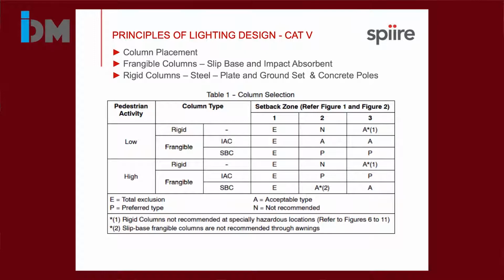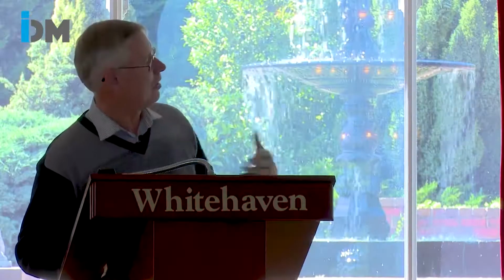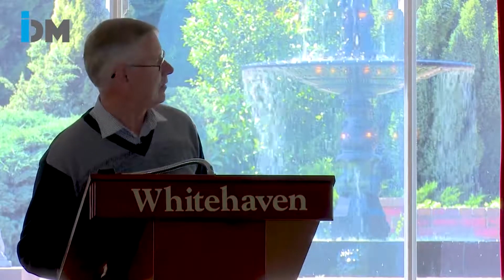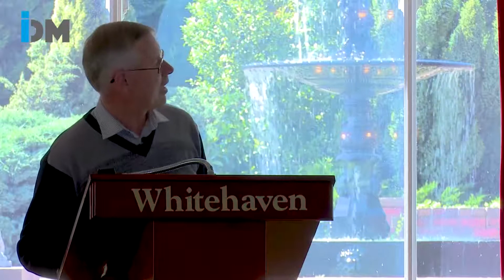So IAC is impact absorbent, SBC is slip base. It's basically telling you where particular lanterns or poles can be placed.